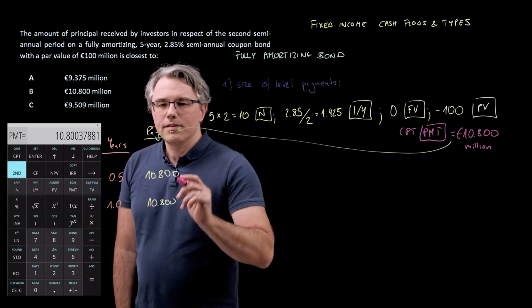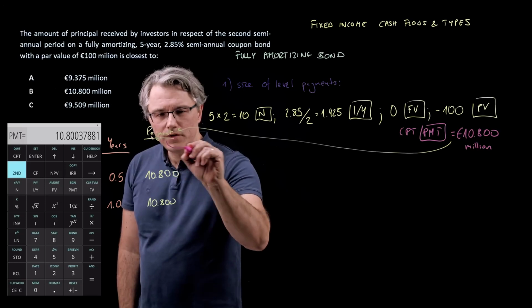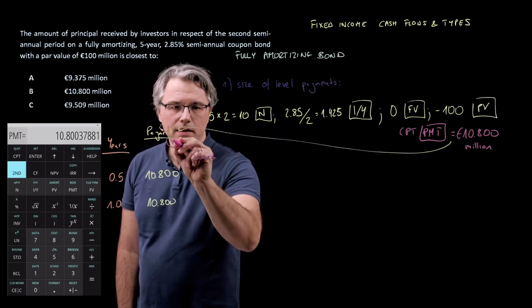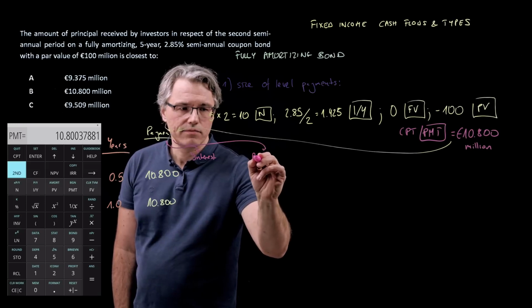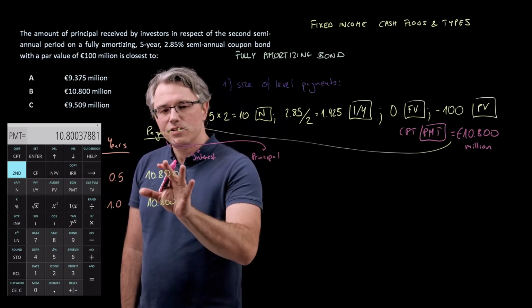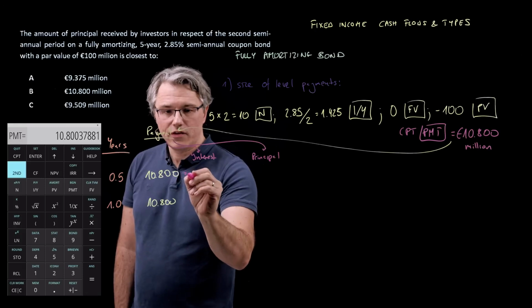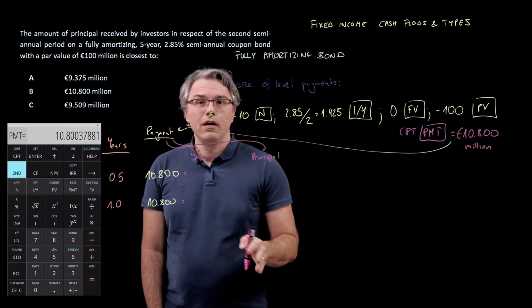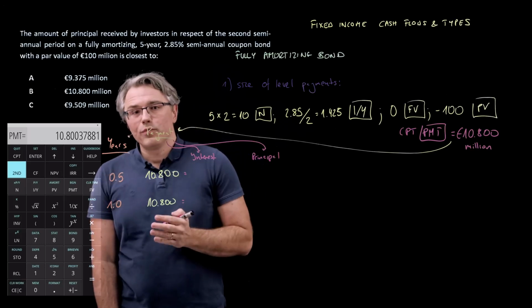And if you're doing this the long way, it's always a good idea to start with interest and then compute principal. Just makes more logical sense. So this payment is composed of two things, interest and principal. Not in constant proportions.